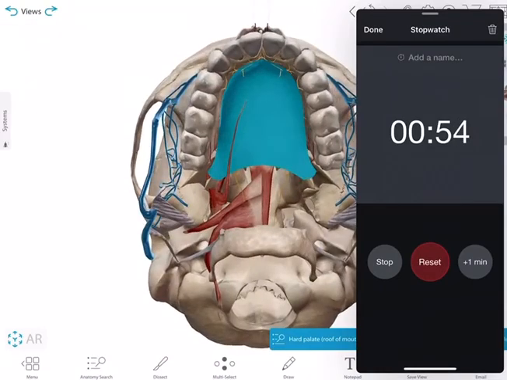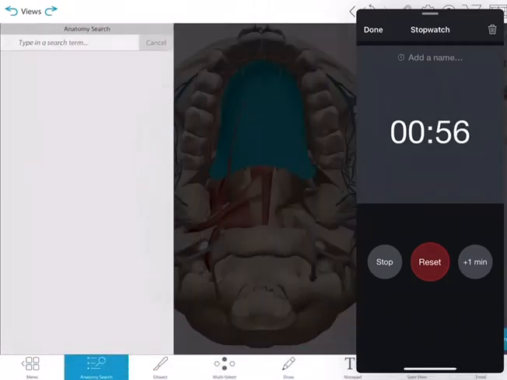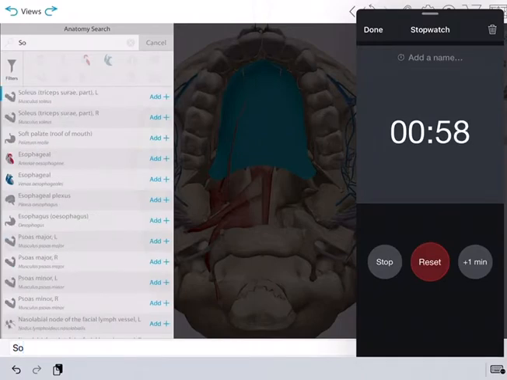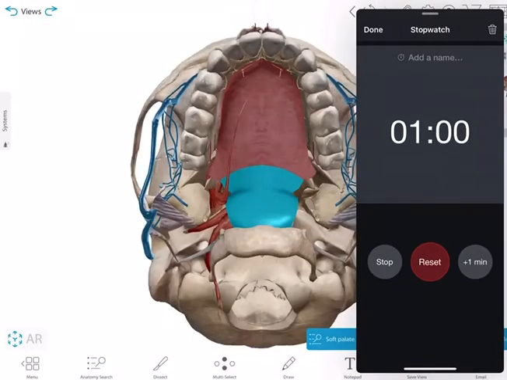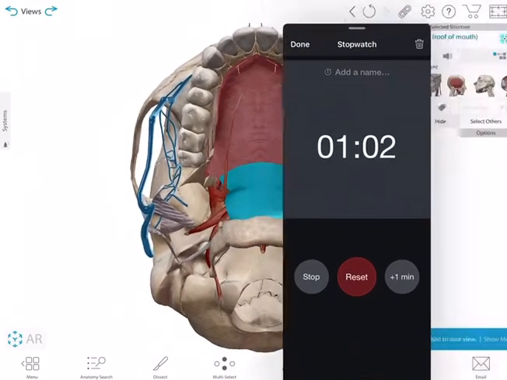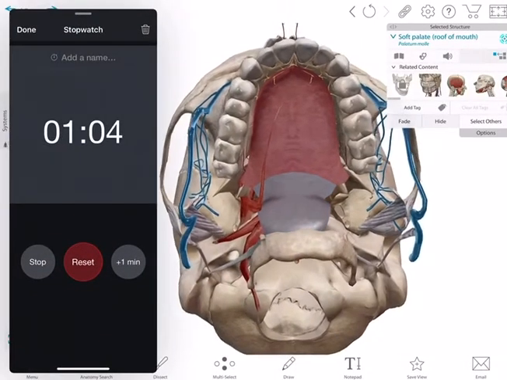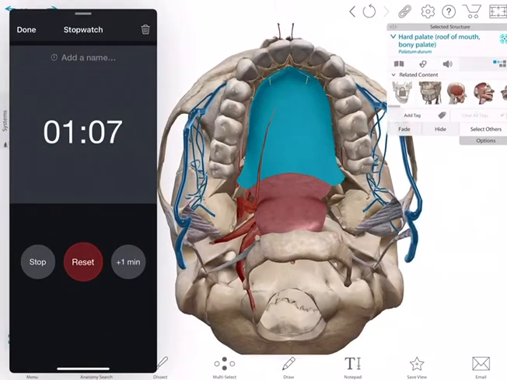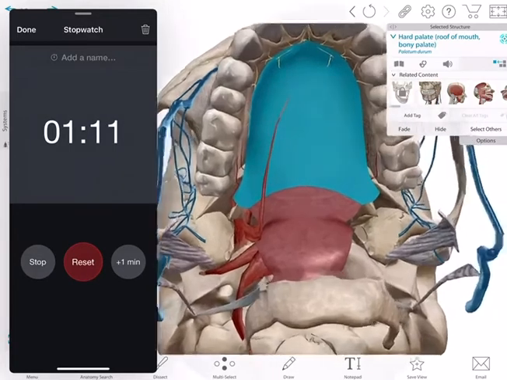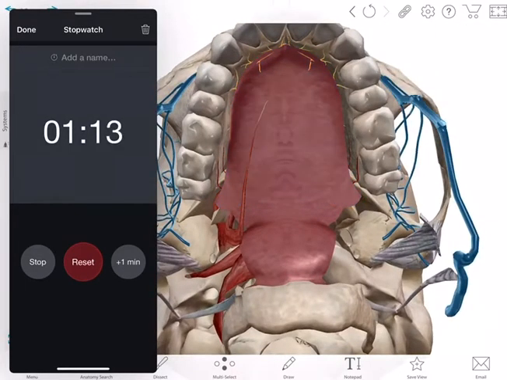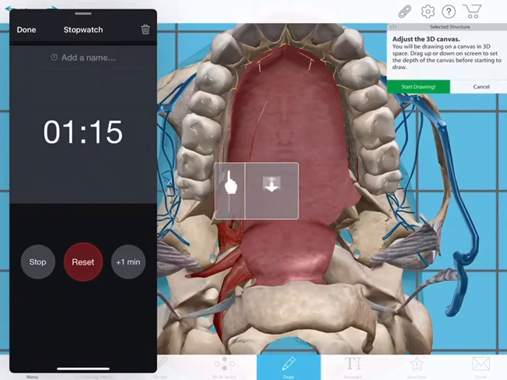This is the hard palate and this is the soft palate. The soft palate comes posterior to the hard palate. In the hard palate we can see transverse palatine folds called palatine rugae.